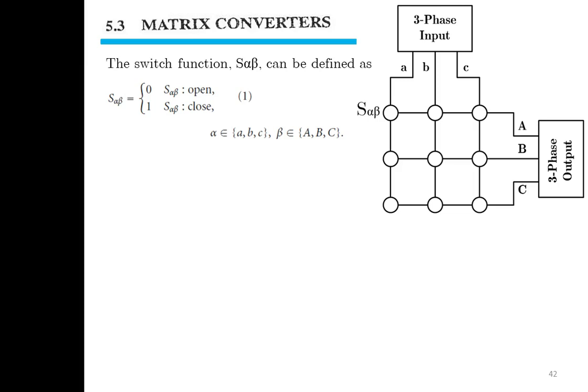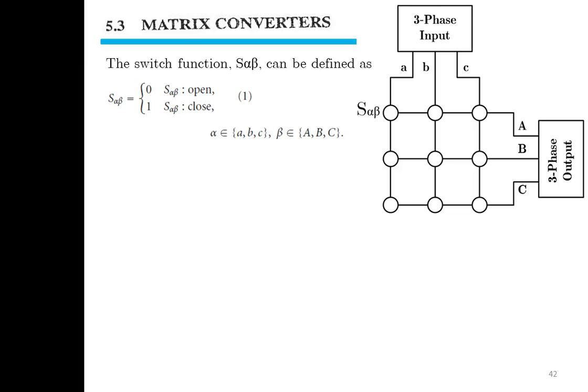Here alpha represents any of the three-phase input terminals, that is small a, small b, and small c, and beta represents any of the three-phase outputs, that is capital A, capital B, capital C. This is the generalized description of any of the 9 bidirectional power switches of the matrix converter.